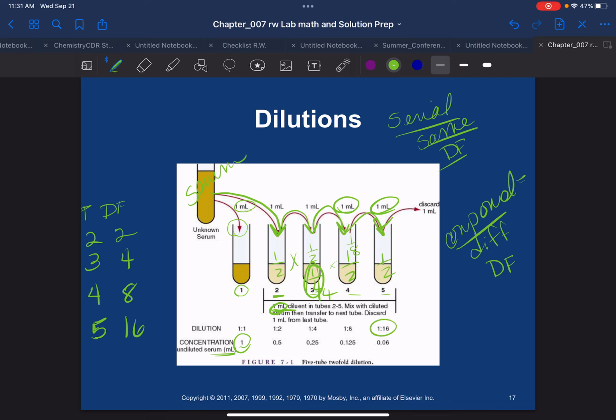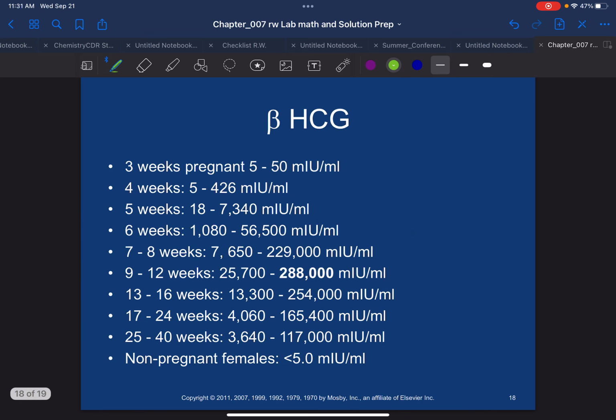And that's how we figure it out. So our serial dilution factor in this case is 2. However, that's not the dilution factor for each tube. You have to be able to figure this out, and we are going to do some more practicing of this.